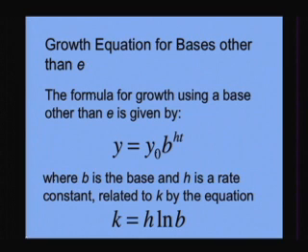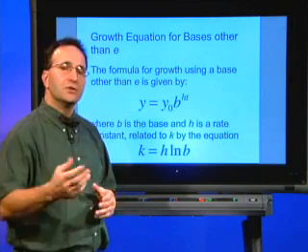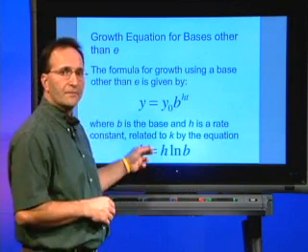So if you were to have growth rates with bases other than e, this is the formula that you would use. But right now we're going to turn our attention to Newton's law of cooling.